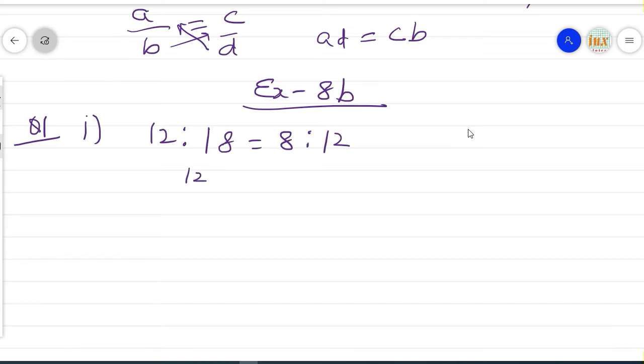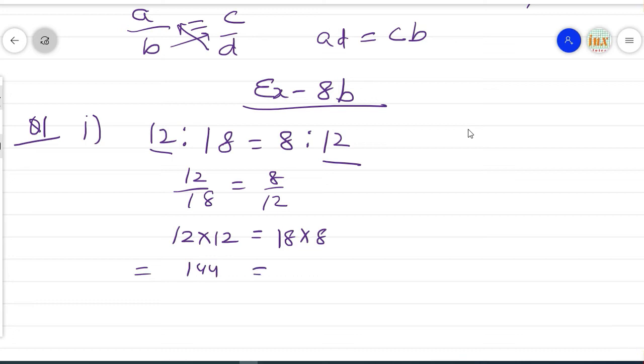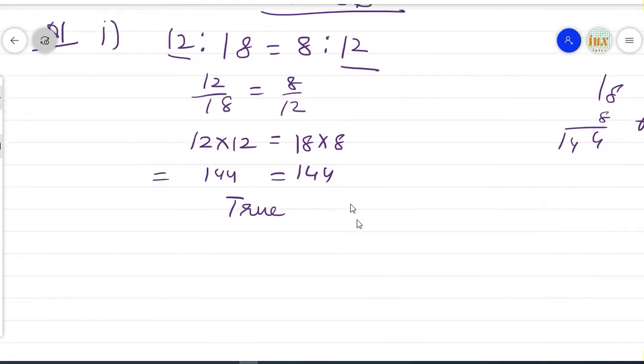So we write 12 upon 18 is equal to 8 upon 12. Now, cross multiplication: the product of extremes, 12 into 12, we check whether it is equal to 8 into 18. 12 into 12 gives you 144, and 18 into 8: 8 8s are 64, 8 1s are 8, 8 plus 6 is 14, so 144. If you verify, the answer is true. They are in proportion.